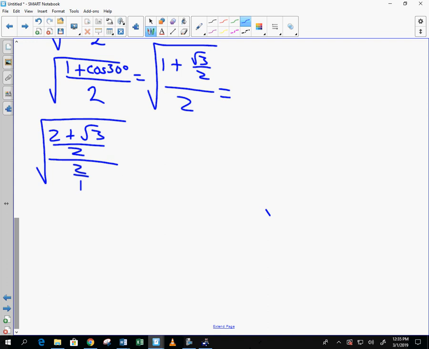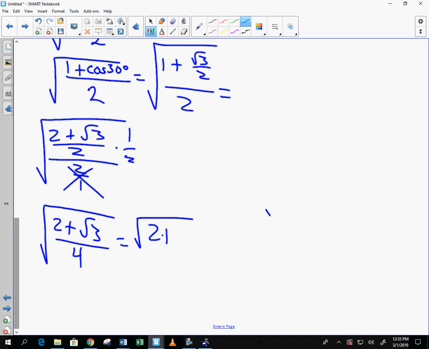Now I multiply by the reciprocal, 1 over 2. And I get the square root of 2 plus the root of 3 all over 4. Can't really do anything with the top, can you? But can you take the square root of the bottom? You sure can. And you get the square root of 2 plus the root of 3 all over 2.